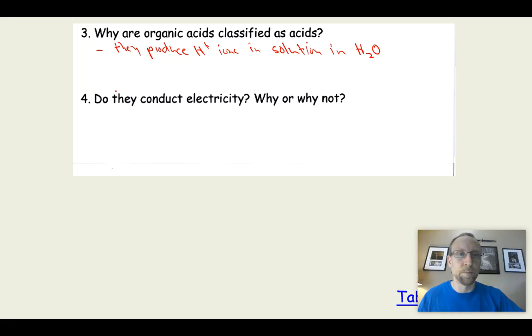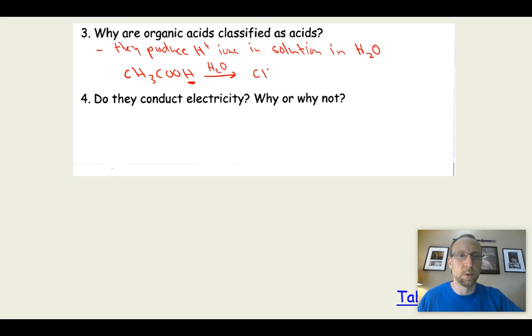So we've seen these before too, back in acids and bases. So here's an example. Here's our ethanoic acid, aka acetic acid. It's vinegar. Right? We've talked about this before. So it looks like this, CH3COOH. So when this goes into solution in water, remember this is the H that pops off. So when this goes into solution in water, it's going to break up into CH3COO.